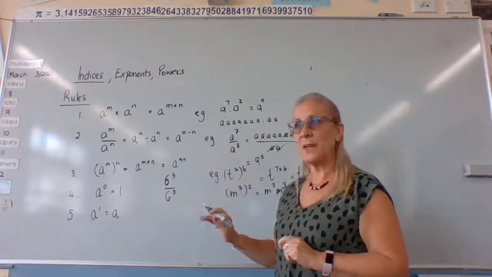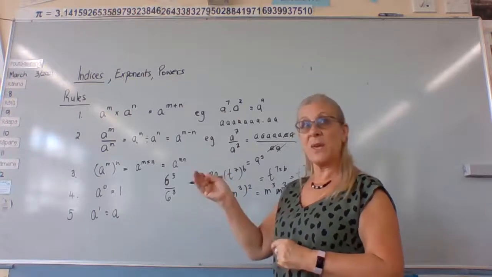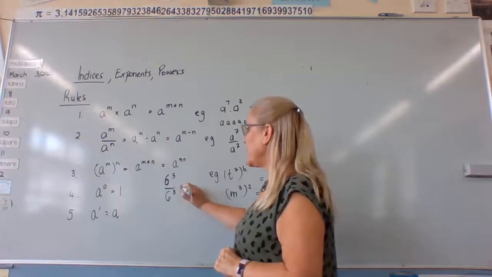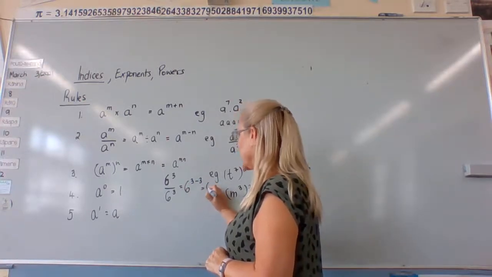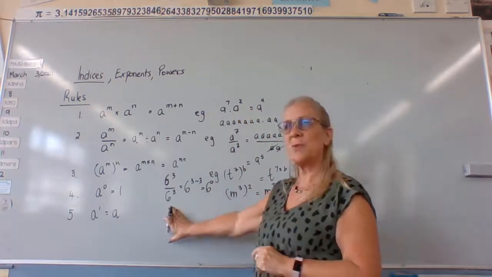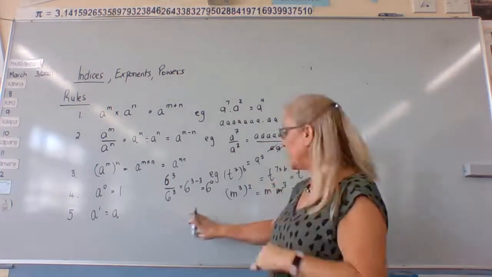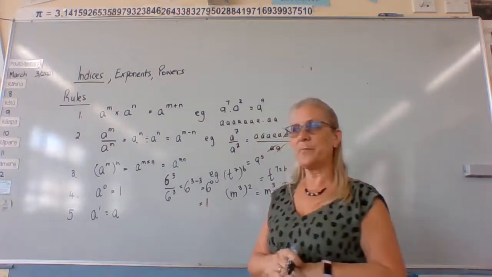Anything over itself equals 1. 2 over 2 equals 1. 8 over 8 equals 1. B over B equals 1. So, if we use the rules here, 3 minus 3, so it's 6 to the power of 0. If the answer here was 0, then this wouldn't be true anymore. All right? So, to make it helpful for us, 6 to the power of 0 equals 1.